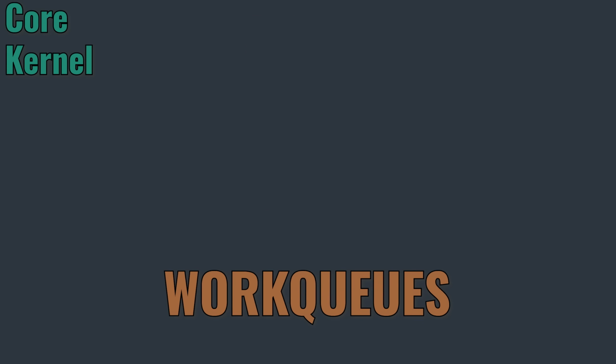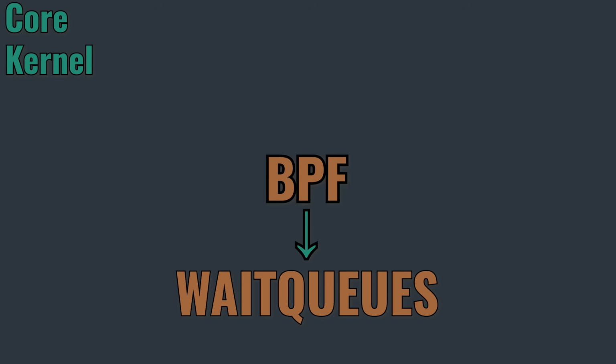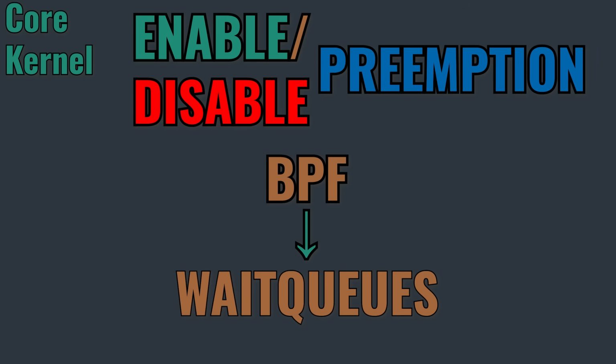And if we're still talking about work queues, we can talk about BPF, so Berkeley Packet Filter, that can now use those work queues, those wait queues, and they can now also enable and disable preemption. Now, the reason why it's important to be able to use those wait queues is because if you wanted to wait for something, you would need to make a whole program in user space or in kernel space if you're crazy enough to just look at that thing and wait.